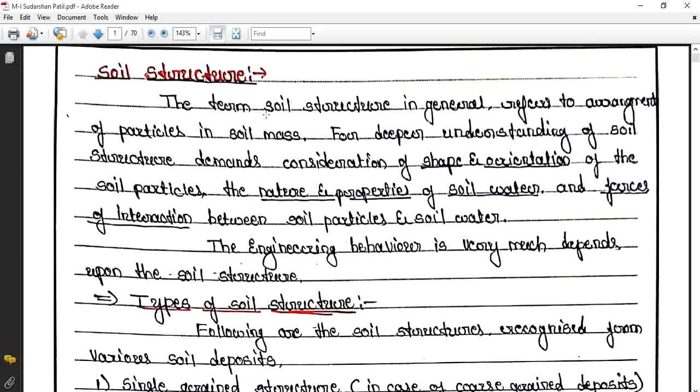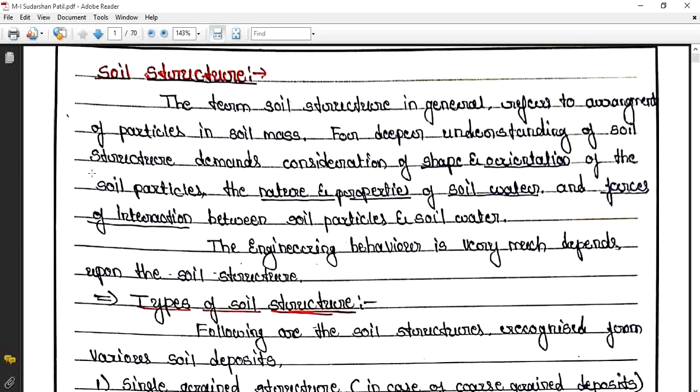Soil structure is generally referred to as the arrangement of soil particles. To understand the arrangement of soil particles, we need to consider the shape and orientation of soil particles also, the nature and properties of the soil water, and forces of interaction between soil particles and soil water.